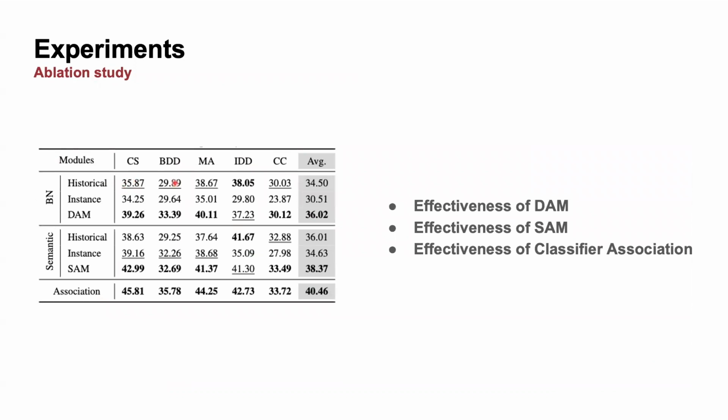Also, we provide a very detailed ablation study of our model. They are categorized into two parts. The first one is the BN layers, which corresponds to the DAM. And the second part is about SAM. We can see that in most cases, DAM and SAM improve the performance, and the combination of them always generates the best results.